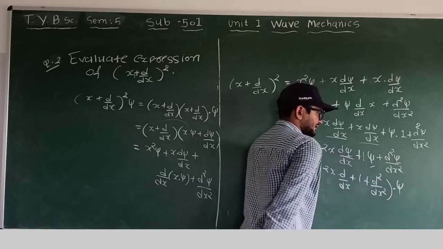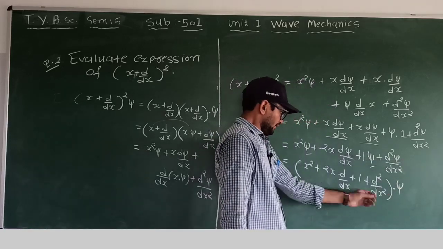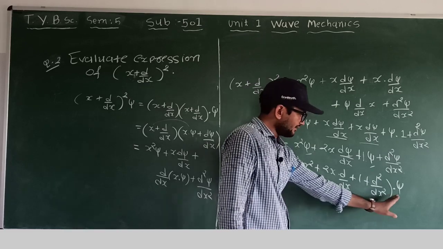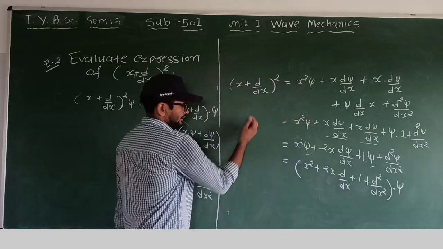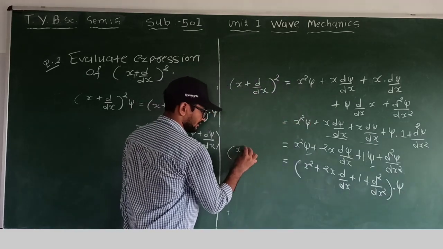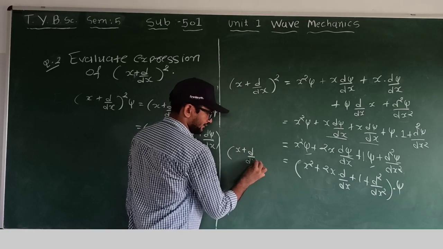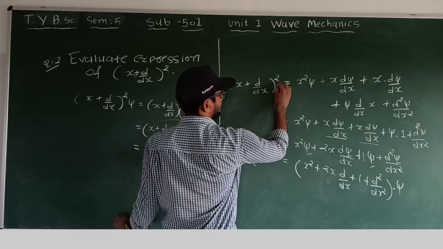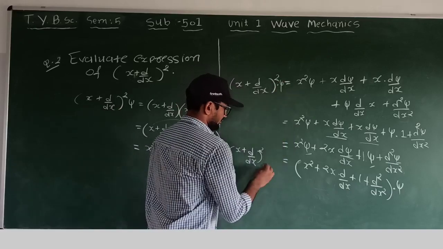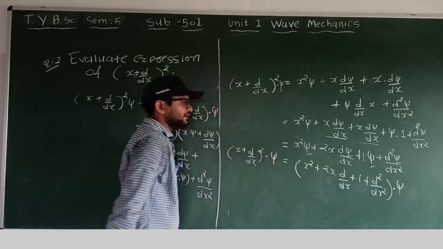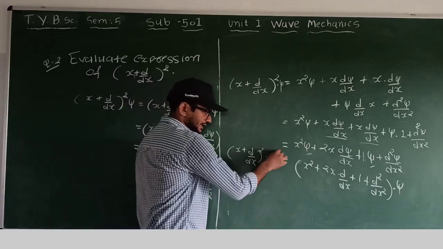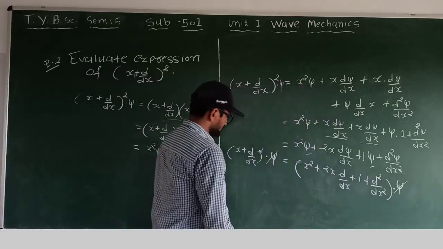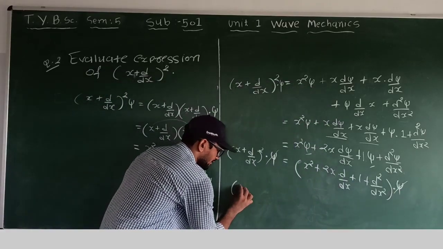So to common out sin on the right hand side, it means (x + d/dx) squared into sin. In the last step cancel out sin from both sides.